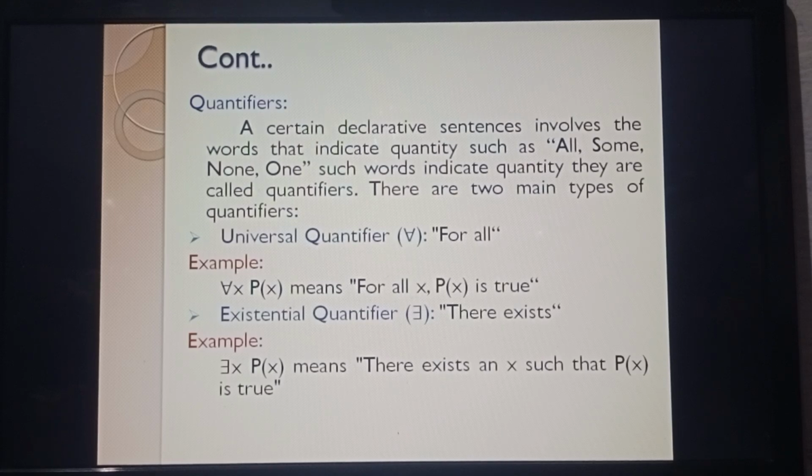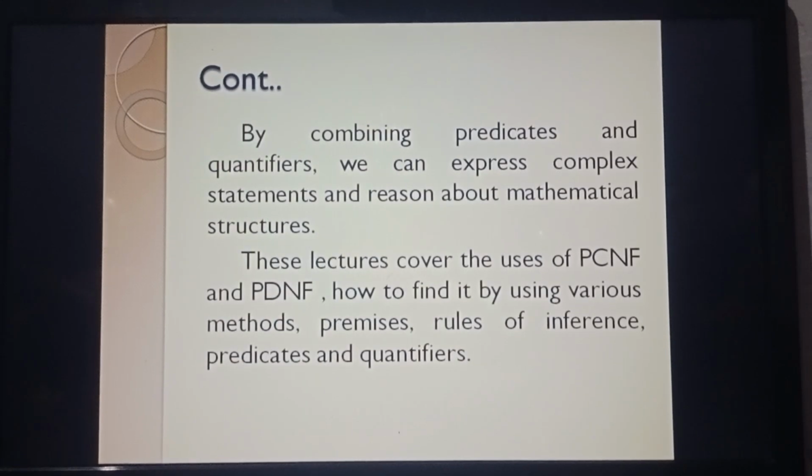There are two quantifiers: one is the universal quantifier, then the existential quantifier. Existential quantifier means there exists x such that P of x. Universal quantifier means for all x, P of x. By combining predicates and quantifiers, we can express complex statements and reason about mathematical structures.